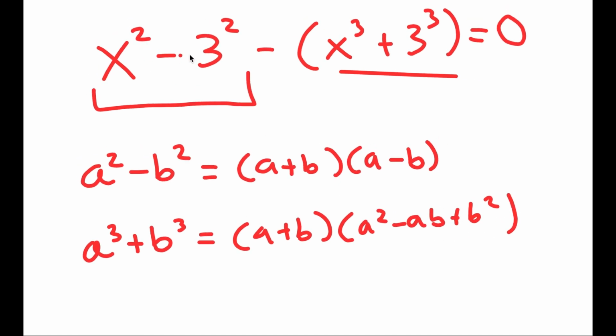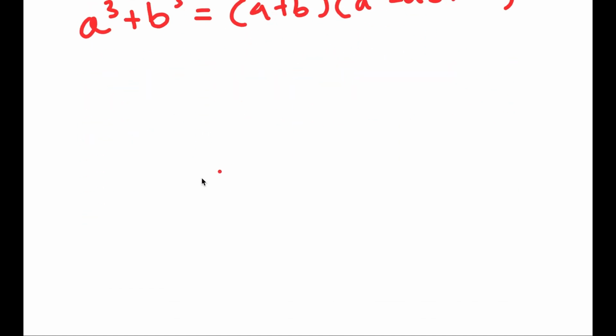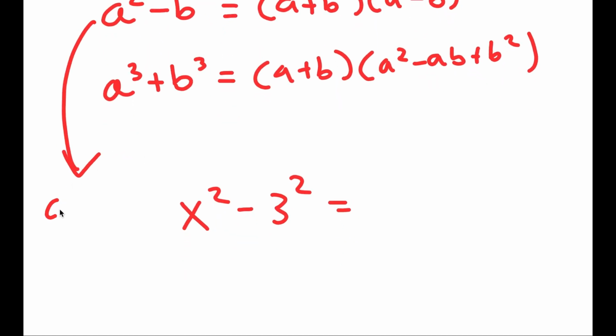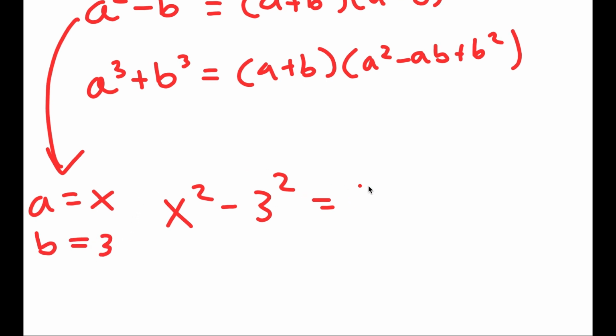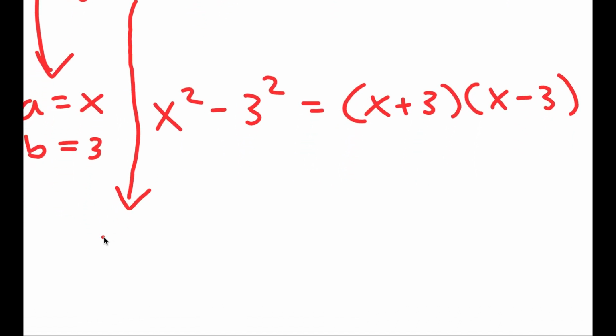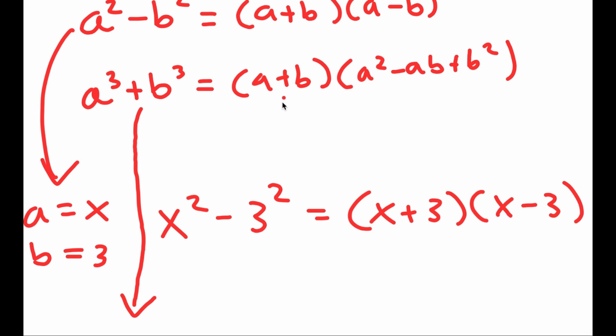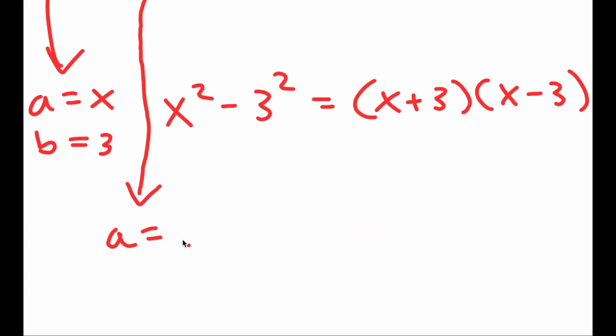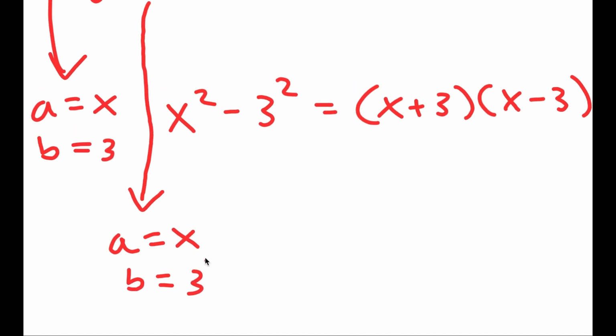So let's first rewrite x squared minus 3 squared. In this case, a is equal to x and b is equal to 3. So I get x plus 3 times x minus 3. And for a to the power of 3 plus b to the power of 3, again, a is equal to x and b is equal to 3.